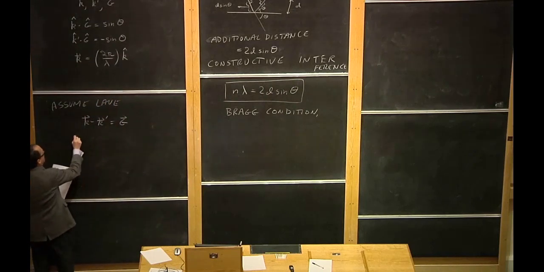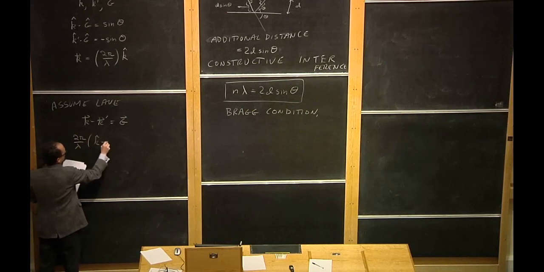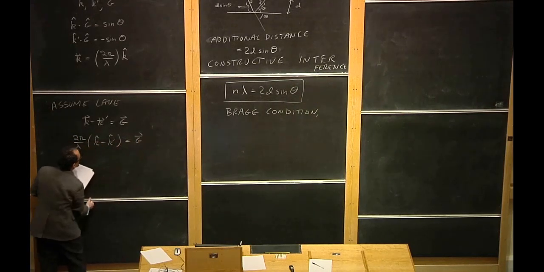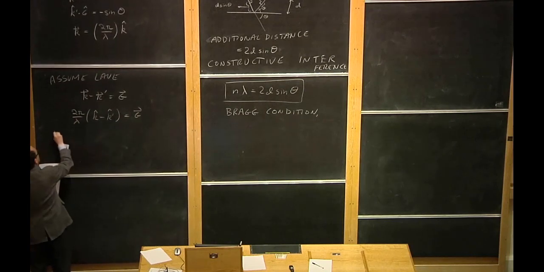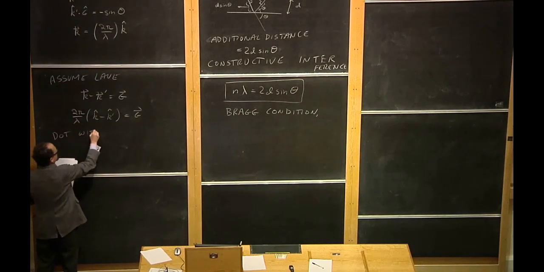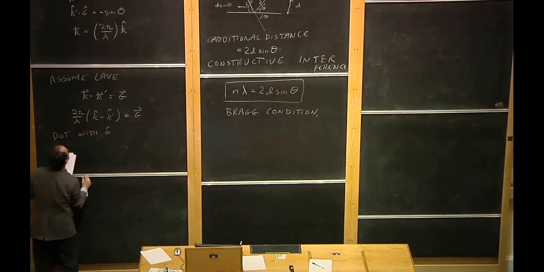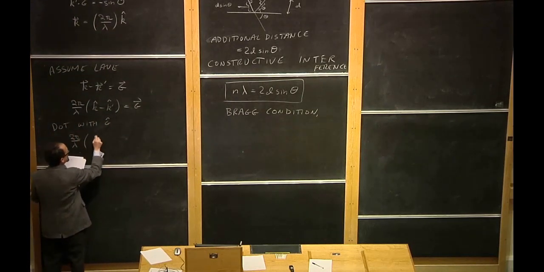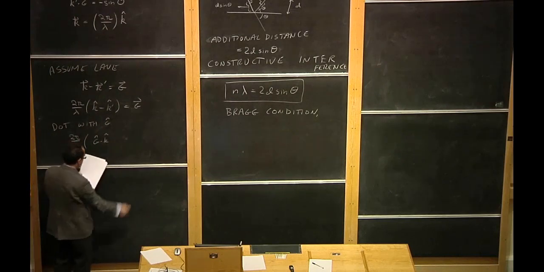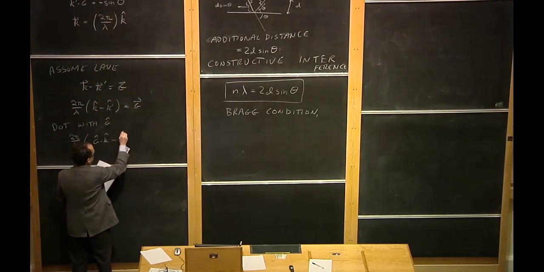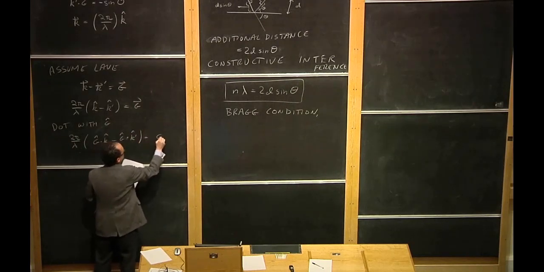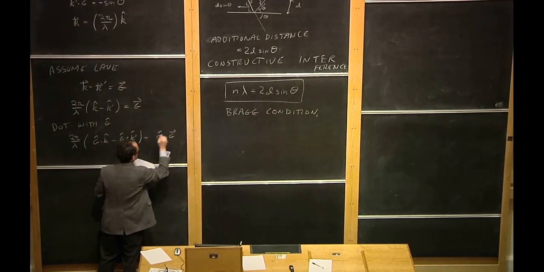And I can rewrite that then as 2 pi over lambda times k hat minus k prime hat equals G. Then dot with G hat to get 2 pi over lambda times G hat dot k hat minus G hat dot k prime hat equals G hat dot G vector.